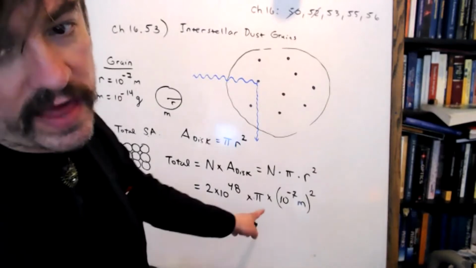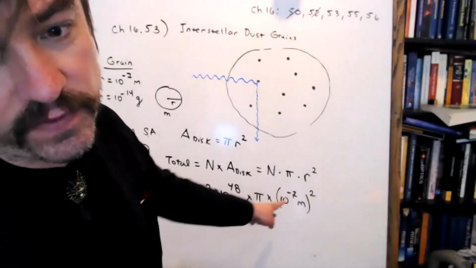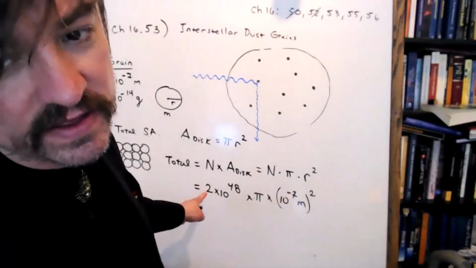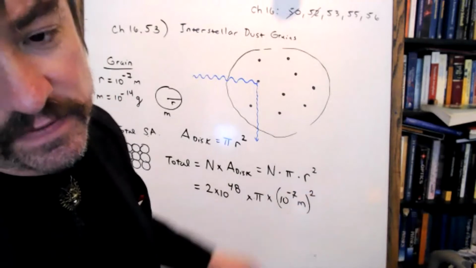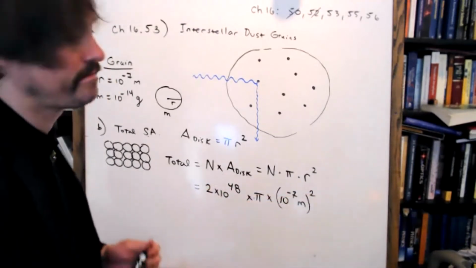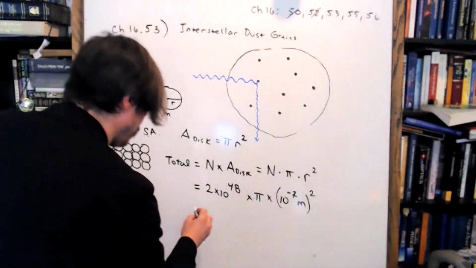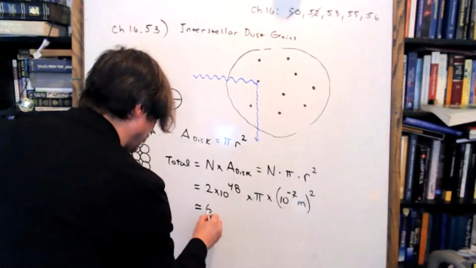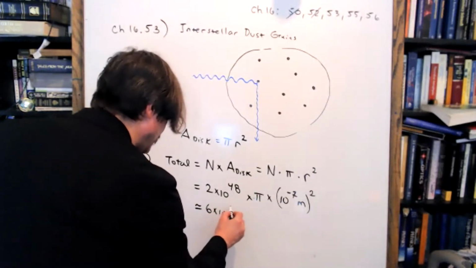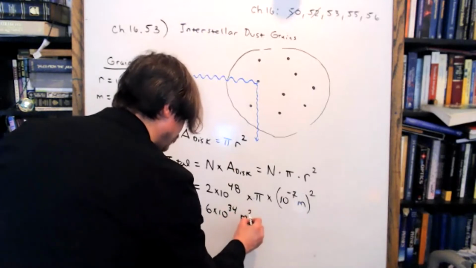So that, and pi is about 3. That would go times back to 10 to the 14. 3 times 2 is 6. What is 48 minus 14? 34. So you get approximately, if you guys followed my logic, 6 times 10 to the 34 meters squared.